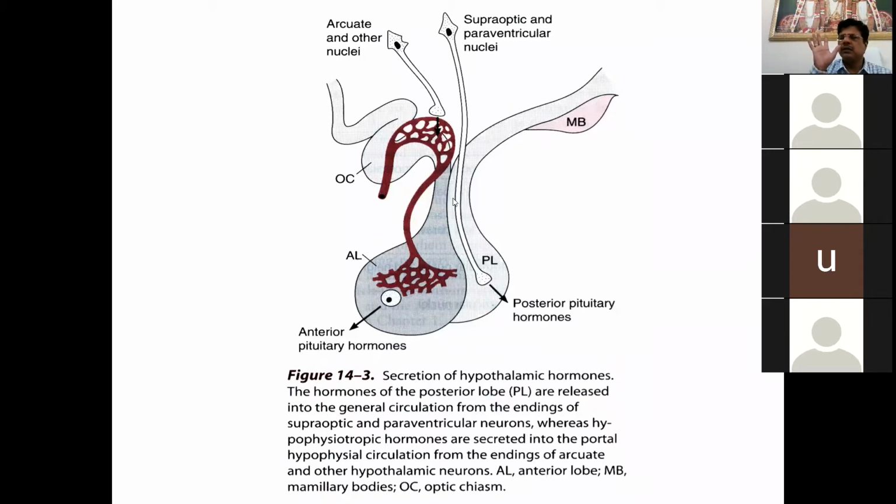If you don't remember the hormones, it doesn't matter. The point to remember is that from the same precursor molecule, you can get different products. A big protein is there. How is that protein molecule broken down?